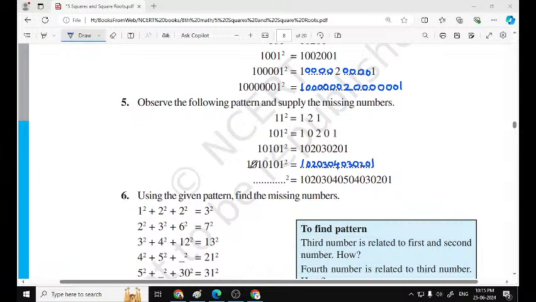Now the highest number is 5, so this is 5 times 1. So this number's square is 1 0 2 0 3 0 4 0 5 0 4 0 3 0 2 0 1.